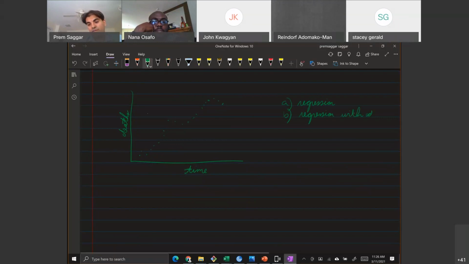I'll just write calc. And then modern techniques for this are neural networks. I'll just write neural net. Okay. And so let's say you choose regression.